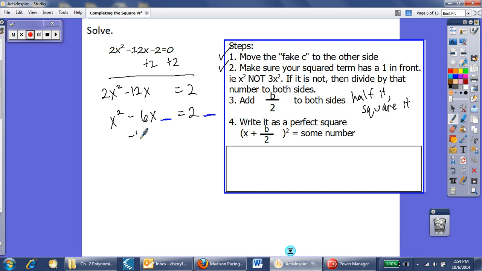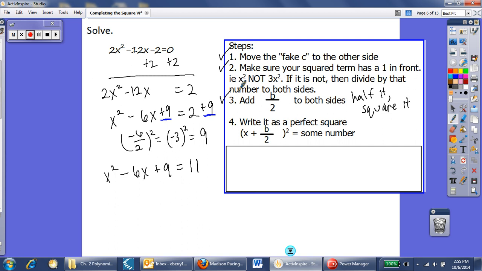So that's negative 6 divided by 2, and then I square it. So this becomes negative 3 squared, which is 9. Okay, let's go ahead and add that to this blank spot on both sides. I end up with x squared minus 6x plus 9 equals 9 plus 2 is 11.